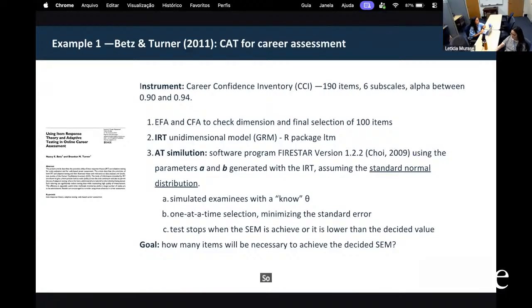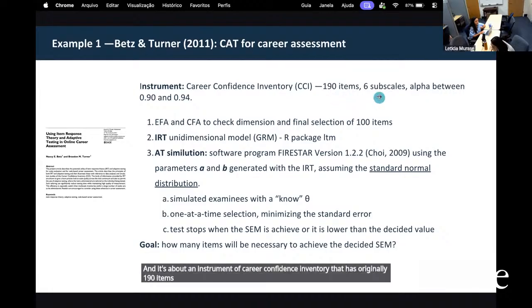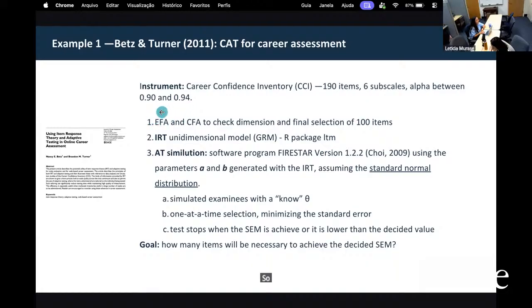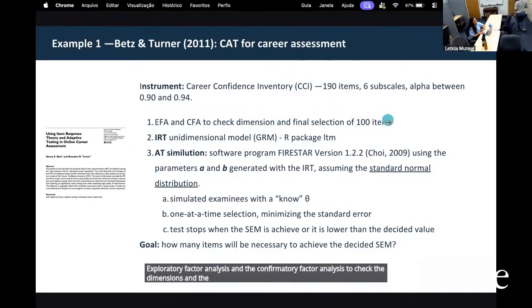The first example is from 2011, and it's about a career confidence inventory instrument that originally has 190 items in 6 different subscales. Alpha between the subscales varies from 0.9 to 0.94. First, they performed exploratory factor analysis and confirmatory factor analysis to check the dimensions and make a final selection of 100 items.